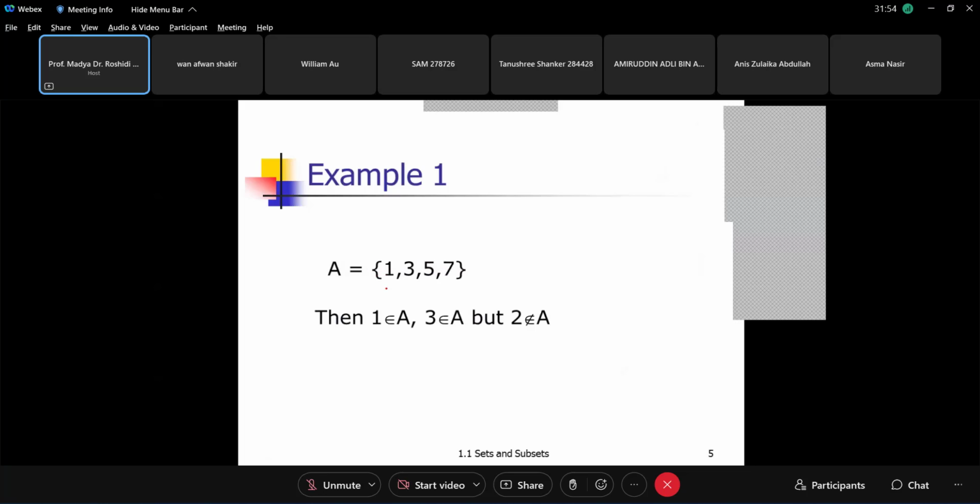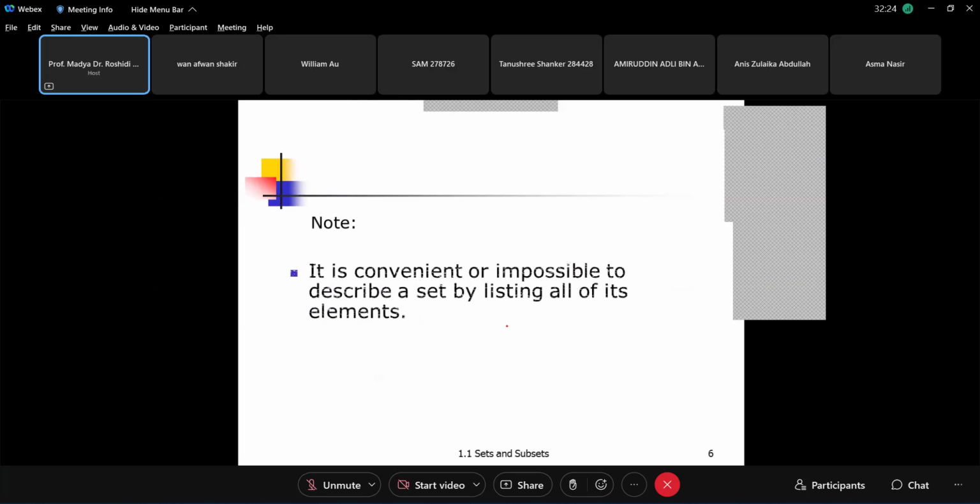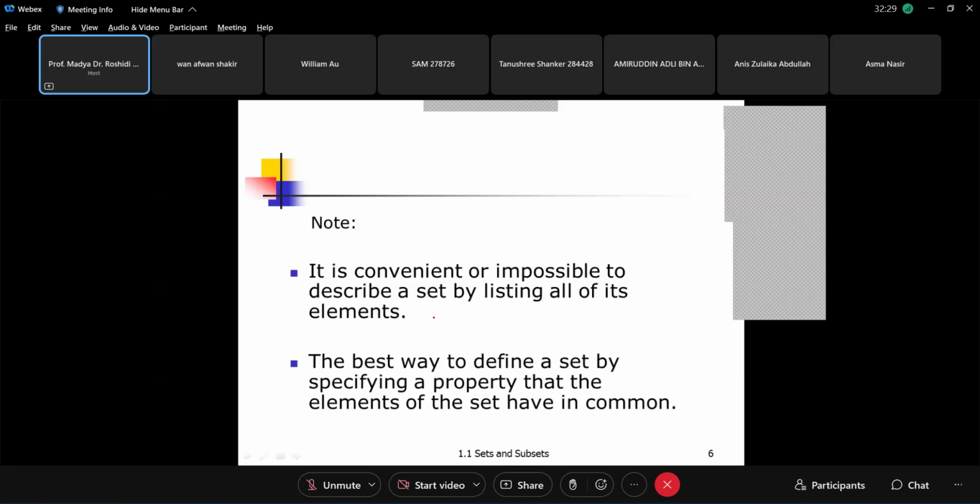So we can see that 1 is an element in A, 3 is an element in A, but 2 is not an element in A because 2 does not exist in this set. So we utilize this representation. Just this listing.